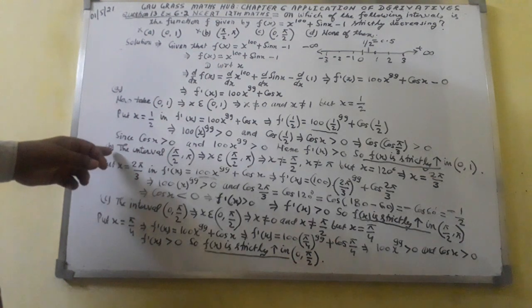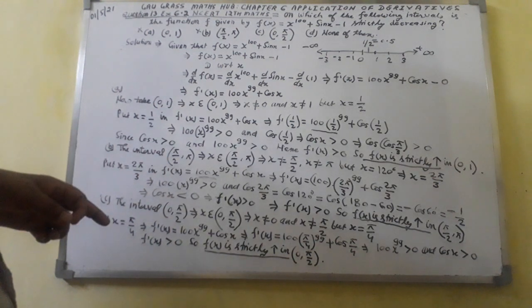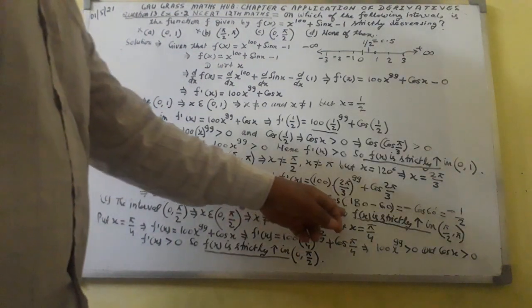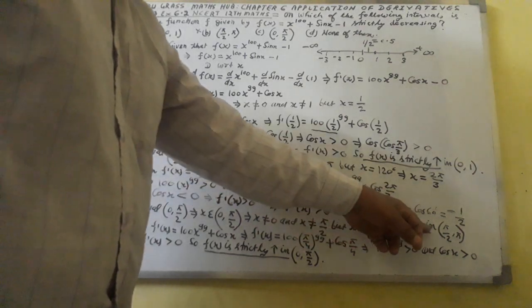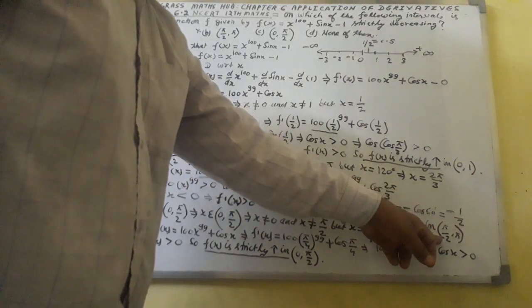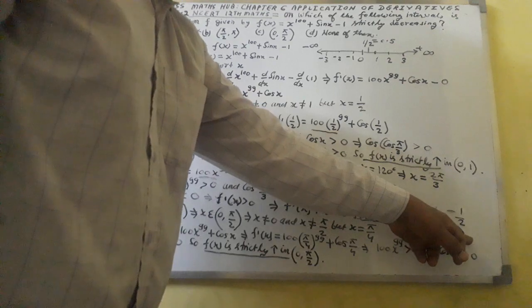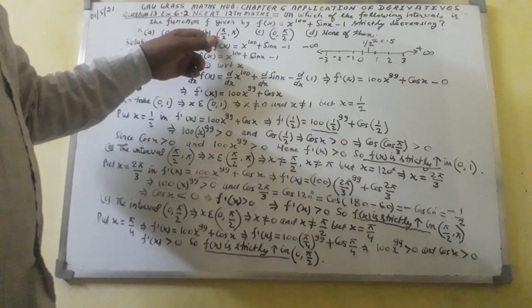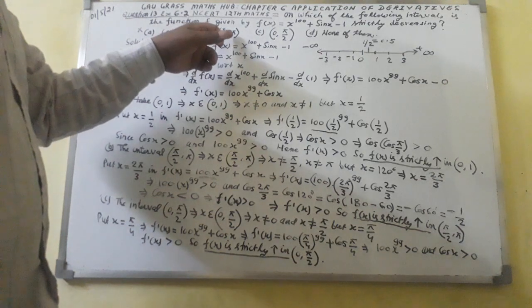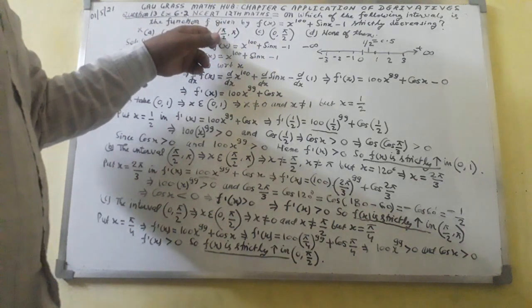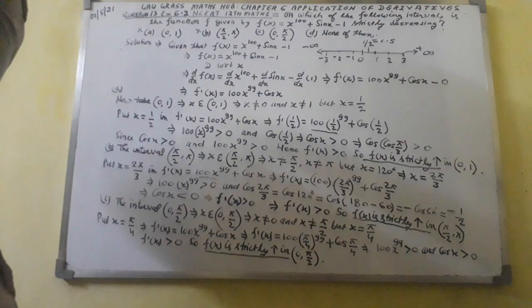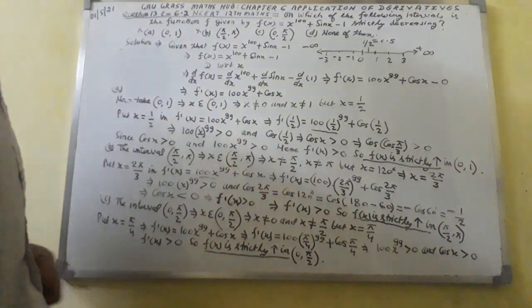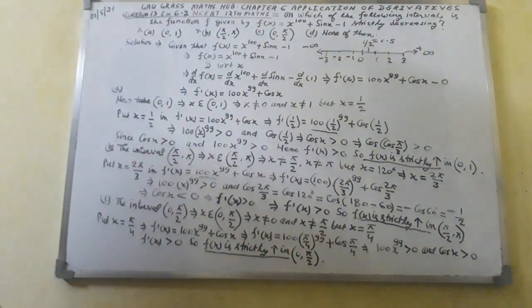And also under option B, f of x is strictly increasing in open interval pi by 2 comma pi. This one is not correct because here it is decreasing there.